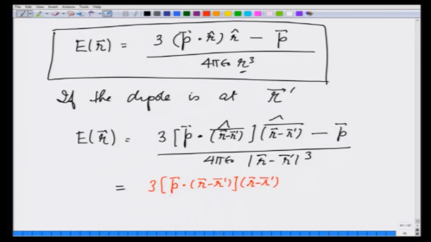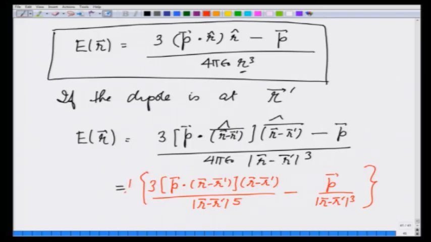Since I have multiplied by the vectors, I will divide by r minus r prime raised to 5, minus p over r minus r prime cubed. Of course, there is a 1 over 4 pi epsilon 0 outside.